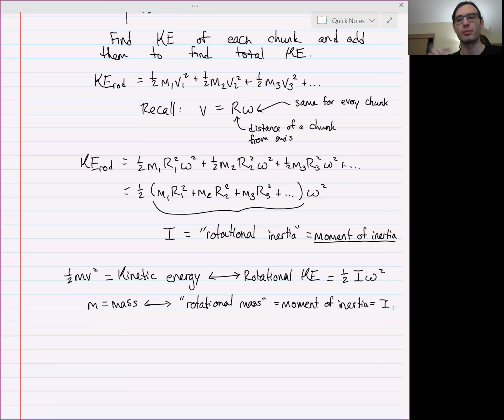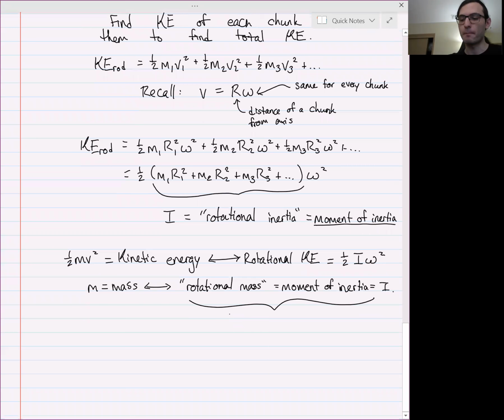But there is a little bit of a breakdown that's hidden in what I've just written down, and that's that unlike mass, which is just a number and doesn't depend on anything, the rotational mass, or the moment of inertia, depends both on the mass of the object, because m1, m2, m3, those all make up the mass, but it also depends on how that mass is distributed and where the axis of rotation is, the axis about which you're computing this moment of inertia.